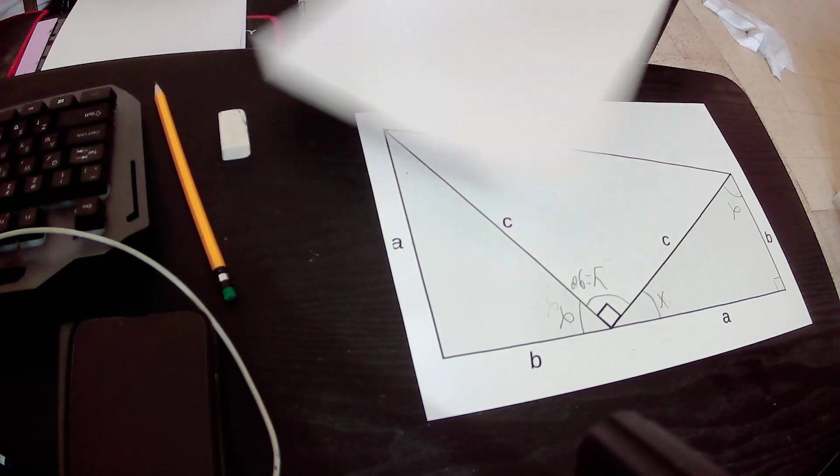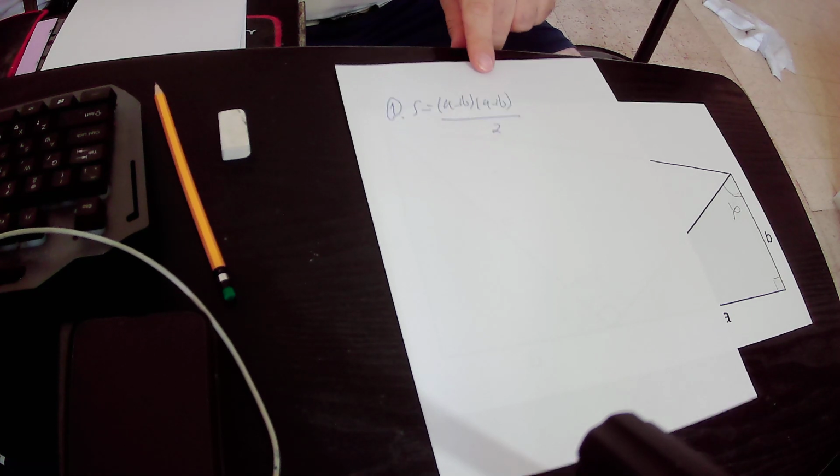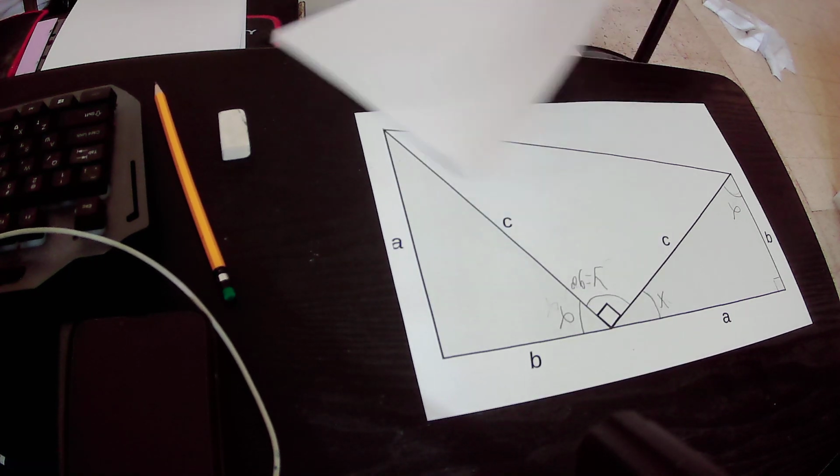So the first way to calculate the area of the trapeze is this way. It is the sum of its parallel sides, that is A plus B, times the height, that is also A plus B, and all divided by 2. Okay, so this is the first equation for the area of the trapeze.